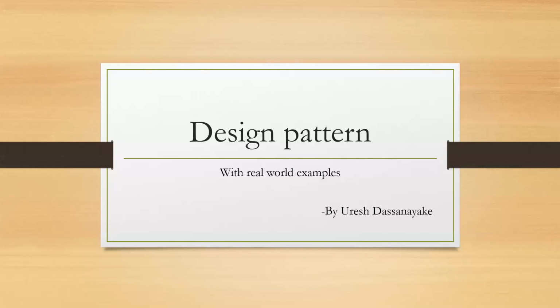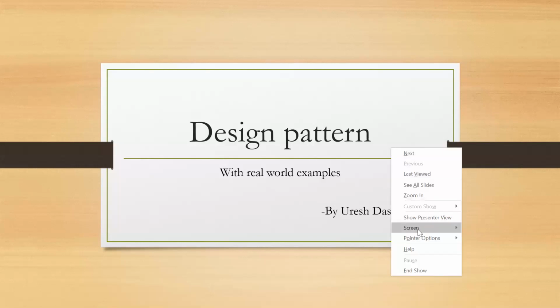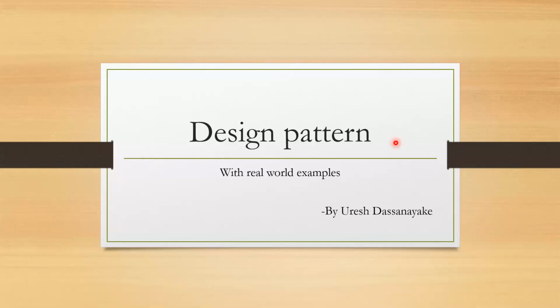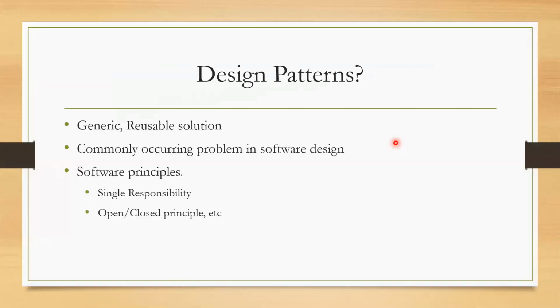Why do we use a design pattern? So, to begin with, what is a design pattern? A design pattern is a generic and reusable solution for a commonly occurring problem in software engineering.